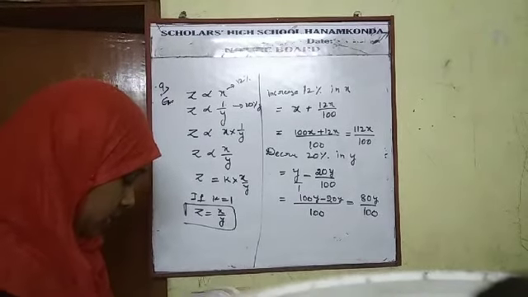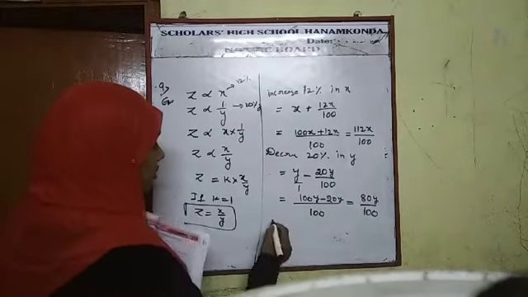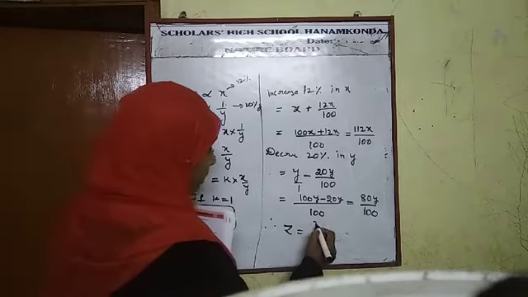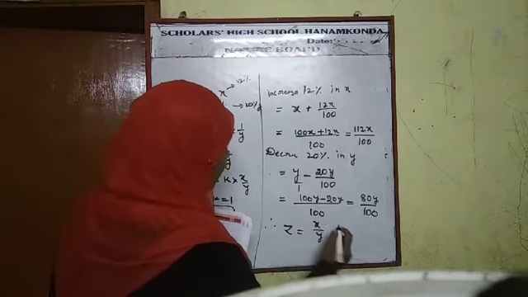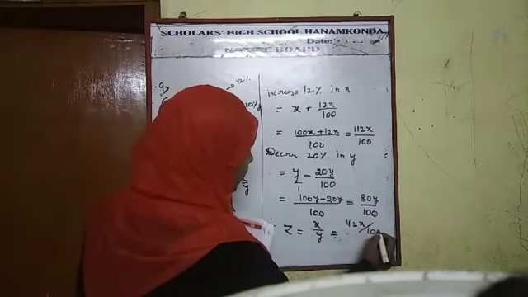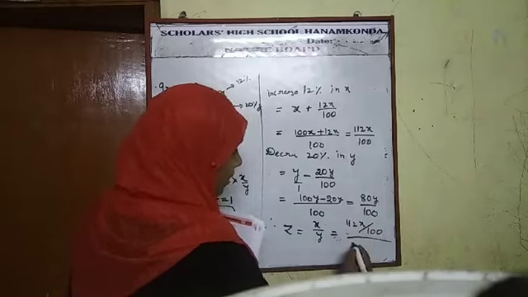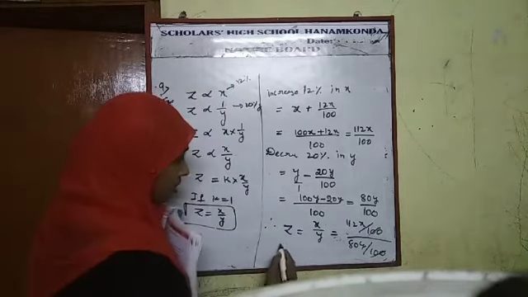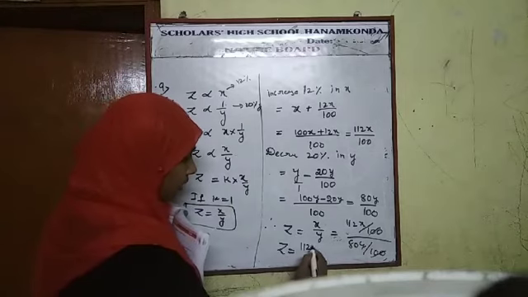Now z is equal to what? x by y, so I am writing x by y. So what is the value of x here? 112x by 100 by y, nothing but 80y by 100. 100 cancel.